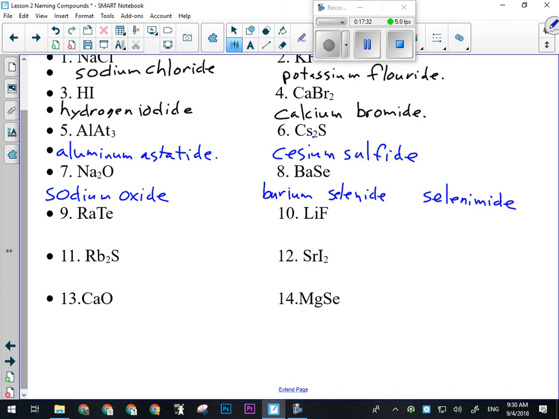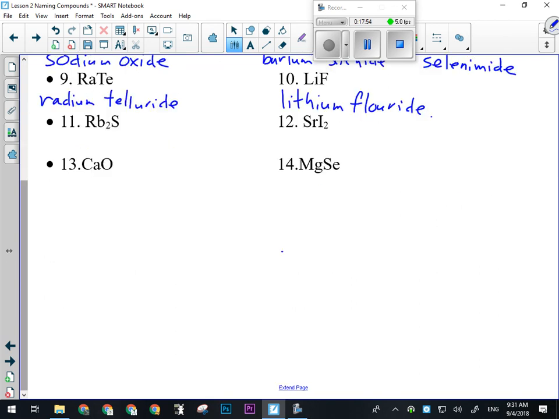Okay, and then for number 9, we have radium and tellurium. So that'll be telluride. All right, and for number 10, lithium fluoride. Okay, and number 11, rubidium sulfide.